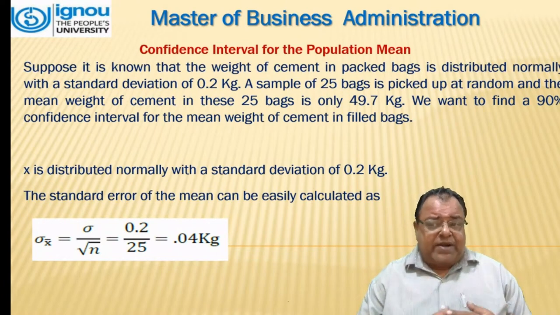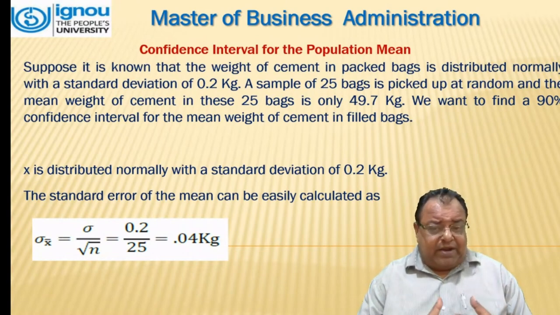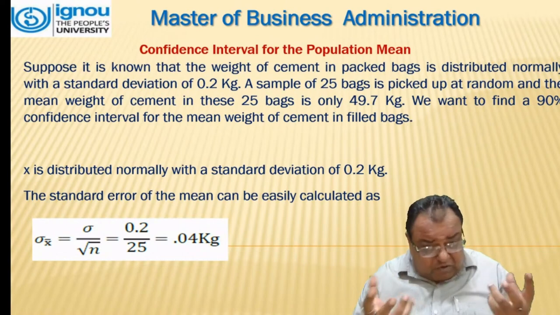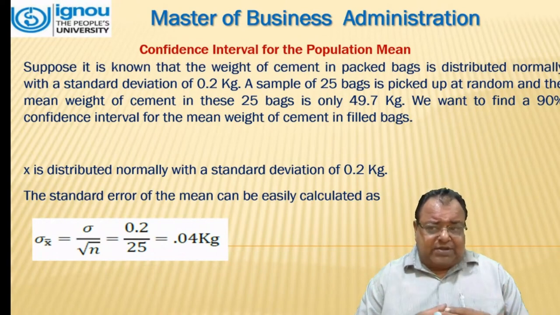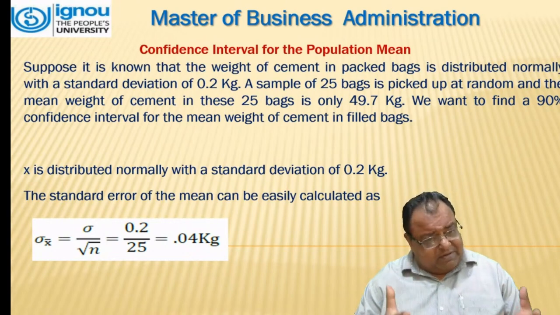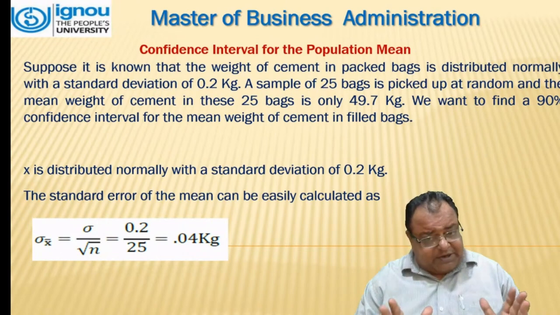We want to find a 90% confidence interval of the mean weight of the cement in filled bags. Now, what information is given to us? It is a problem which is distributed normally. That means we can say that X is normally distributed with a standard deviation of 0.2 kg.